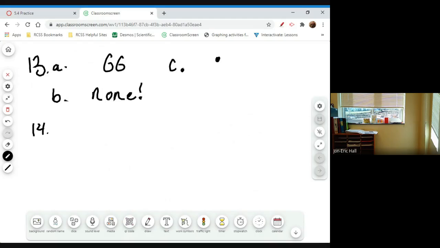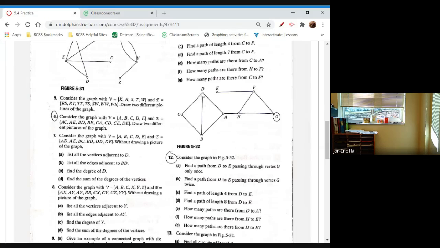So yes, they're not counting it twice. If it's in one circuit, it's in one circuit. So a circuit of length 3 would be like DCBD, but you wouldn't choose the others because it's the same circuit.